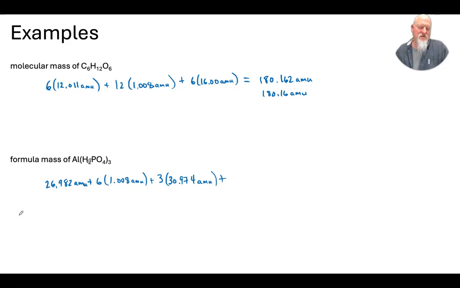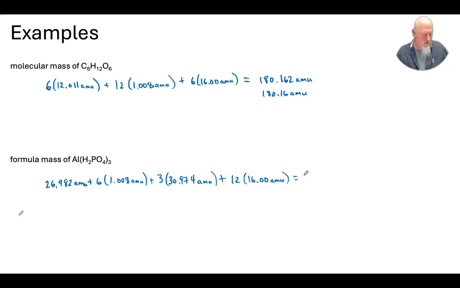There's 4 oxygen per dihydrogen phosphate, but we have 3 dihydrogen phosphates, so overall we have 12 oxygens. So basically if you have something in parentheses, we take the value outside the parentheses and multiply it by the number that are inside the parentheses, and we get the total number of that element. So we have 12 oxygens, and that was 16.00 AMU.